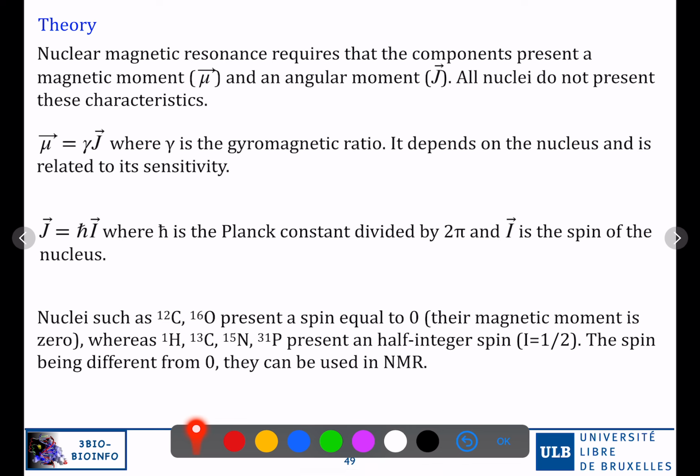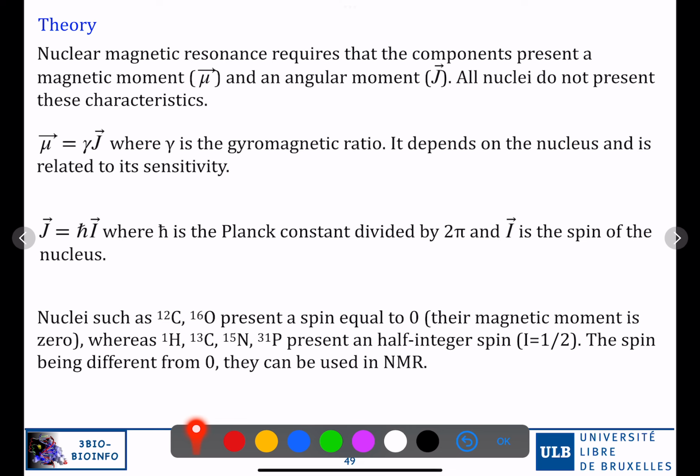Here, the fact that hydrogen-1 presents a spin that is different from 0, and thus has a magnetic moment different from 0, is very good news, because in protein you have a lot of hydrogen atoms, and the most abundant isotope for hydrogen is hydrogen 1.